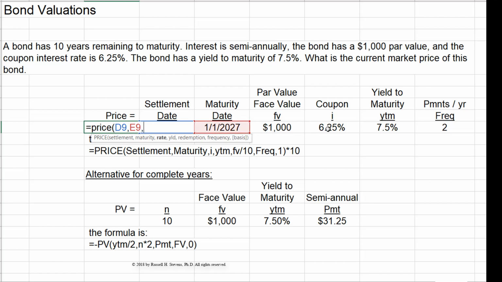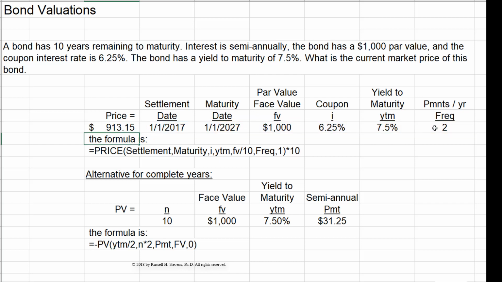Highlight the 6.25% and enter a comma. Highlight the 7.5% and enter a comma. Highlight the $1,000, type a slash denoting division, type 10 and enter a comma. Highlight the 2 followed by a comma, a close parenthesis, and a star denoting multiplication, a 10, and press enter.